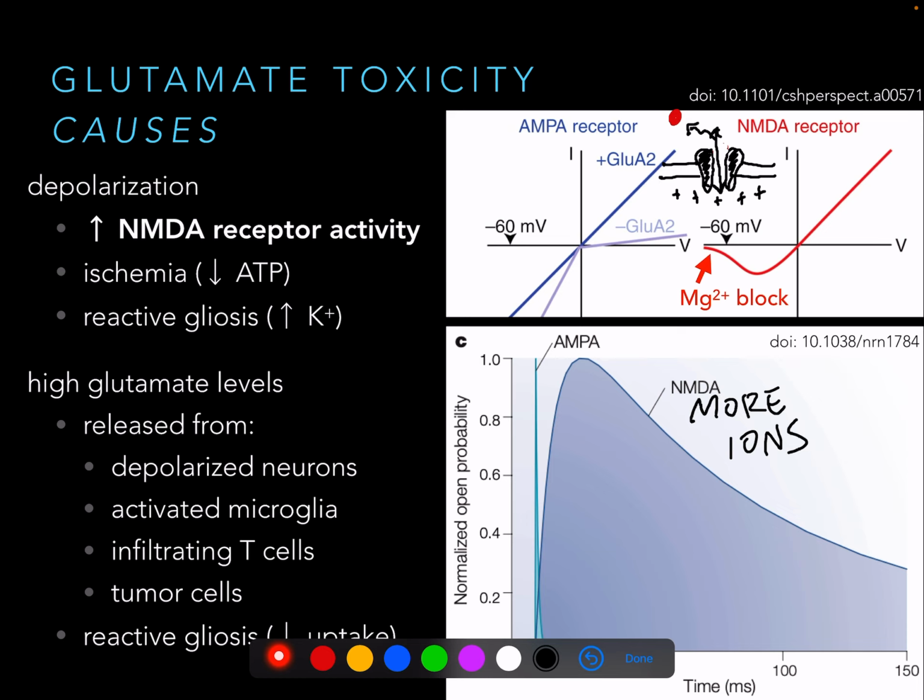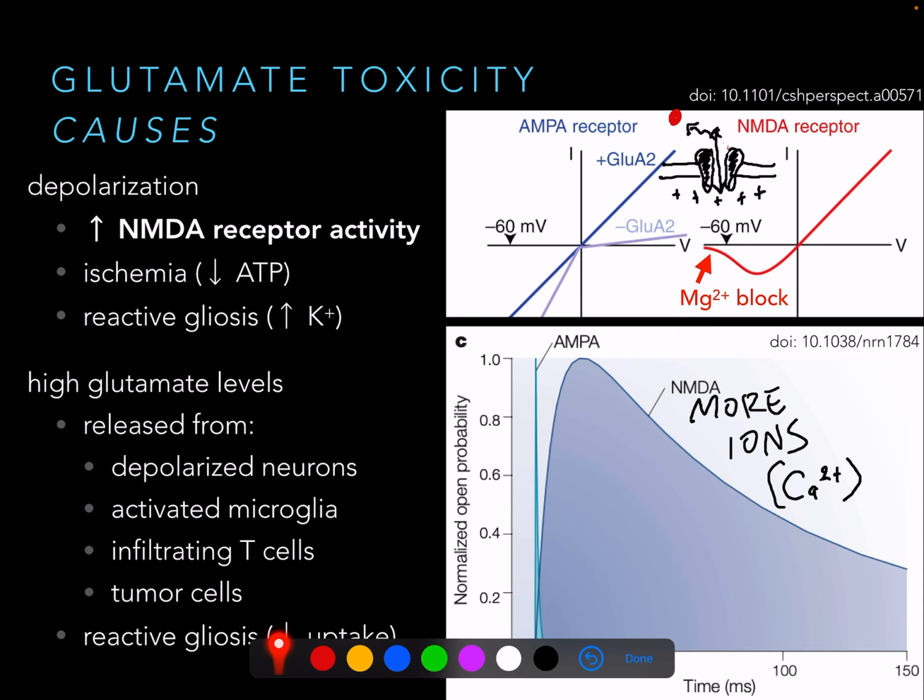Either we get that oncosis, or included in those ions is calcium. And as we saw, that can cause the mitochondria to permeabilize. So depolarization is therefore necessary for glutamate toxicity, because we have to allow for NMDA receptors to be activated.